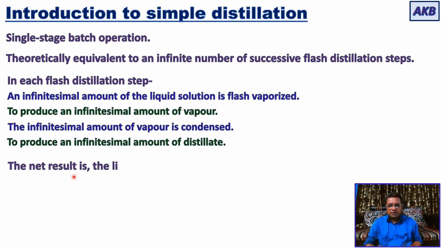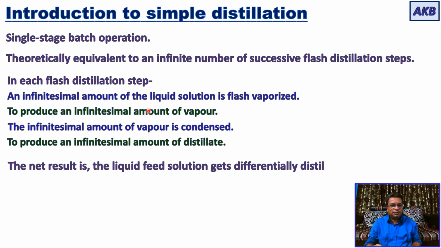The net result of all this, that means if you consider all the successive flash distillation steps, is that the liquid feed solution gets differentially distilled. Each time you have an infinitesimal amount of liquid solution getting distilled. Are you understanding it?